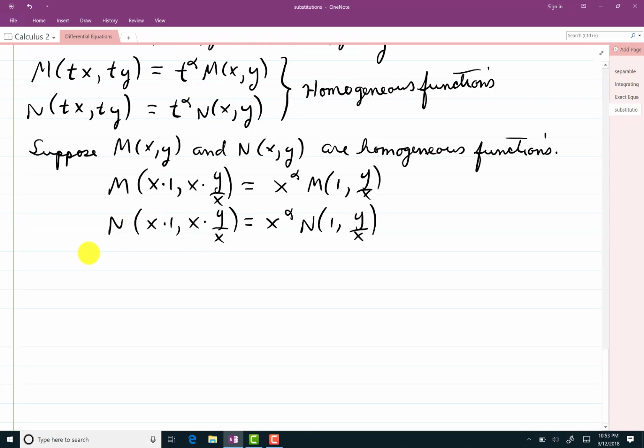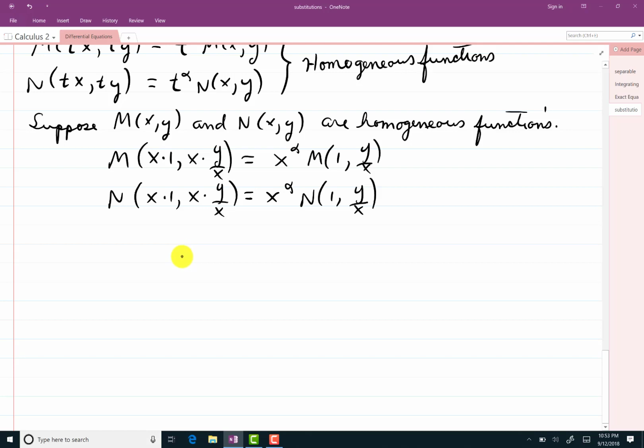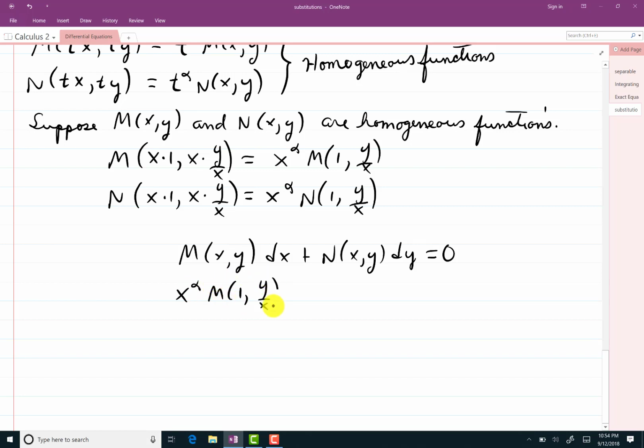Well, then our equation, m of x,y dx plus n of x,y dy equals 0. I'm going to do this x to the alpha business for both of them. So I'll have an x to the alpha, m of 1 comma y over x dx plus x to the alpha, n of 1 comma y over x dy.